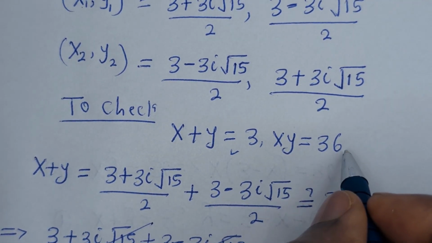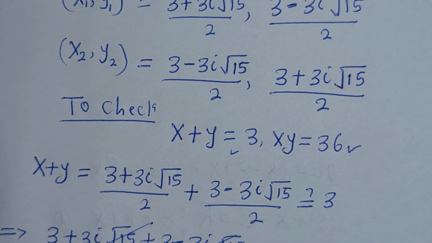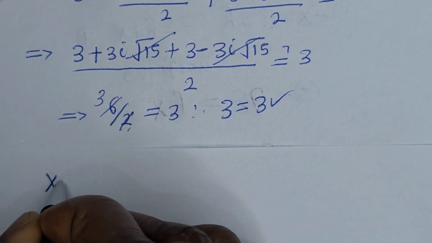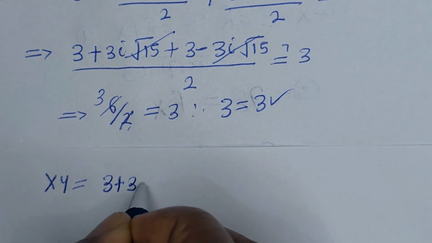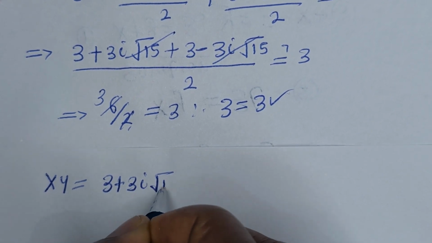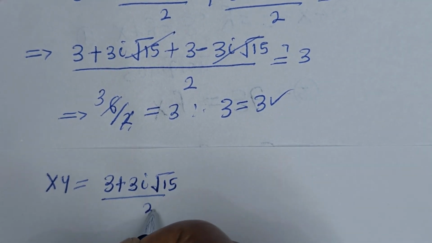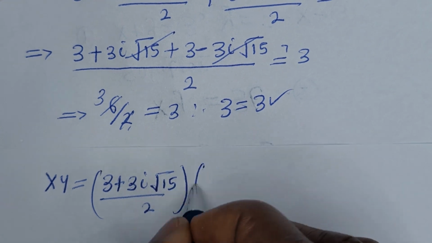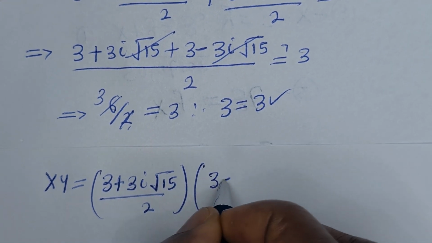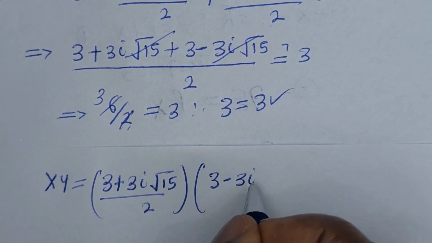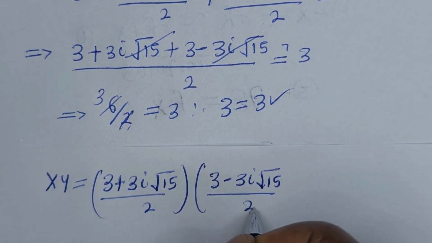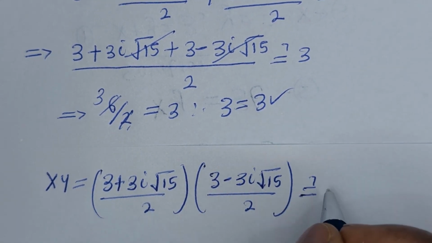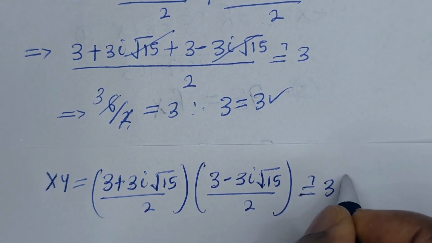Now let us consider this. xy is equal to 3 plus 3i root 15 over 2 bracket 3 minus 3i root 15 over 2 must be equal to 36.